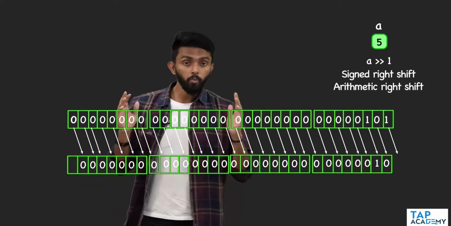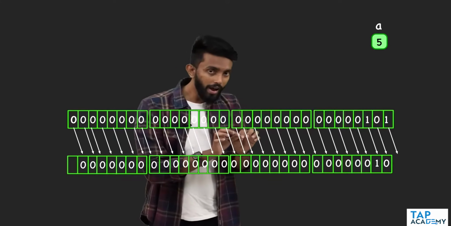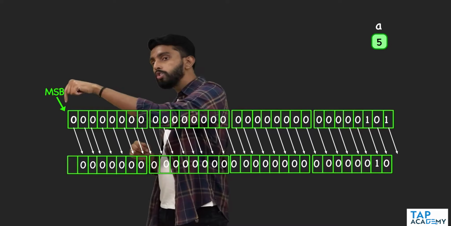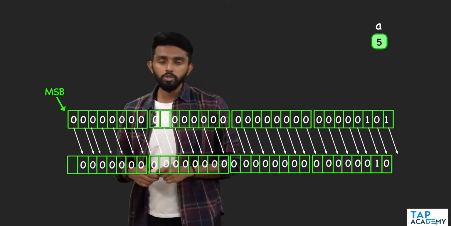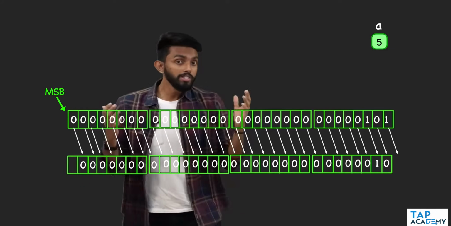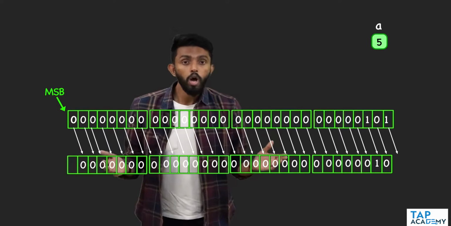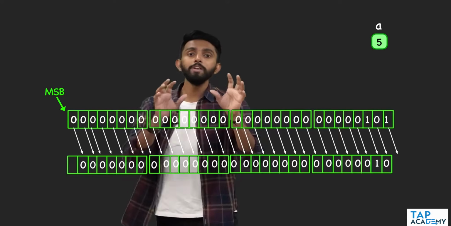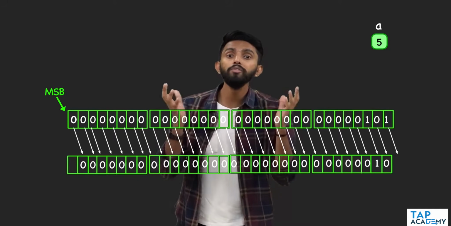Now what does it mean? What it does is, it will look at the original value and it will see what is its most significant bit. And what was its most significant bit? 0. 0 means it is a positive number. Whatever was the MSB, that same MSB will be used as a filler, guys.